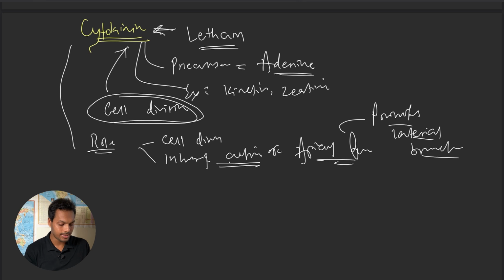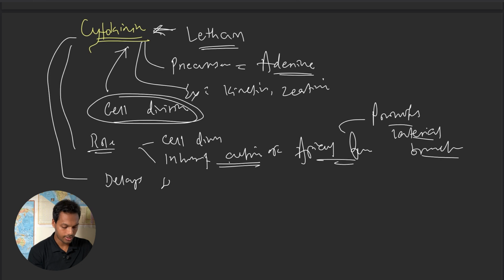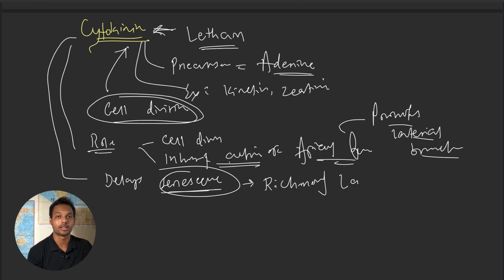And cytokinin delays senescence, and that is called the Richmond-Lang effect.